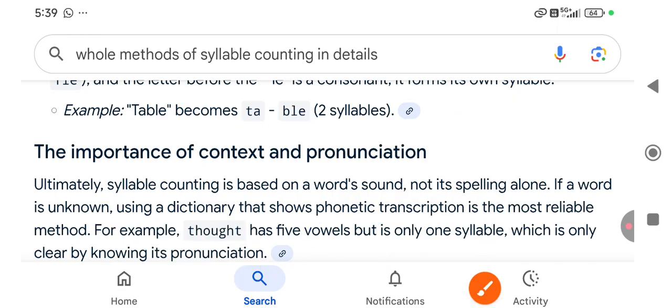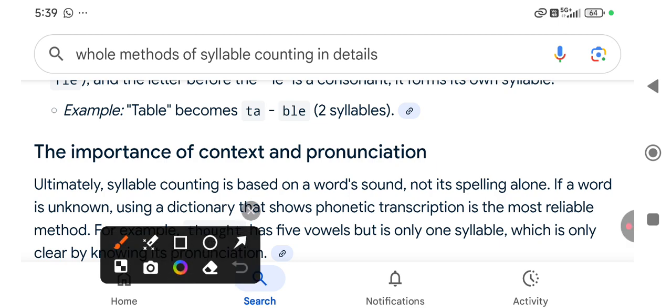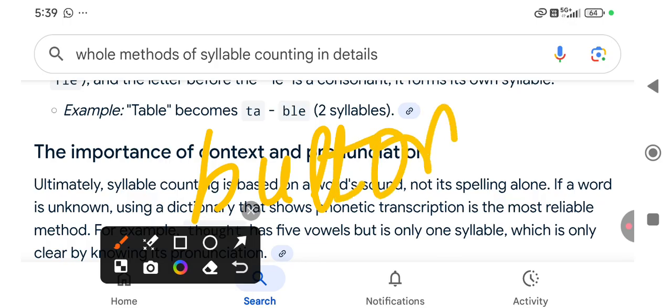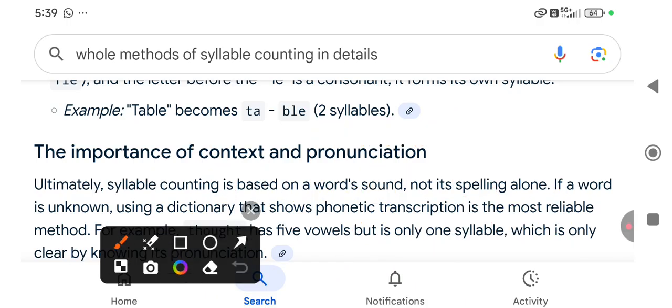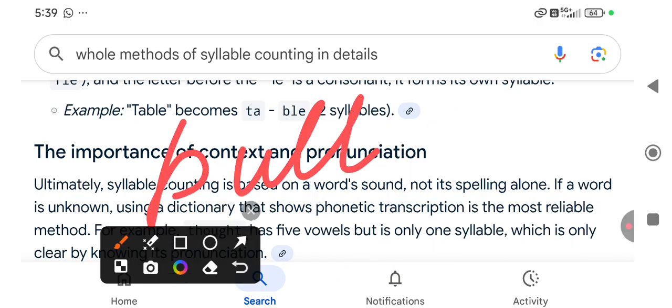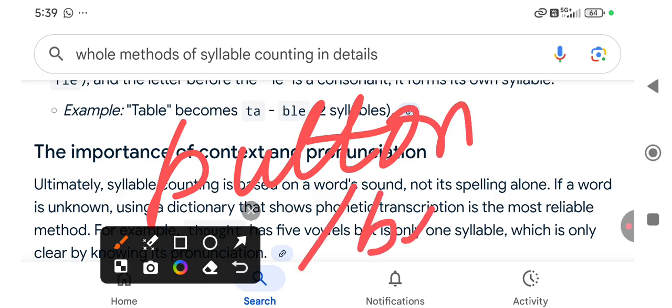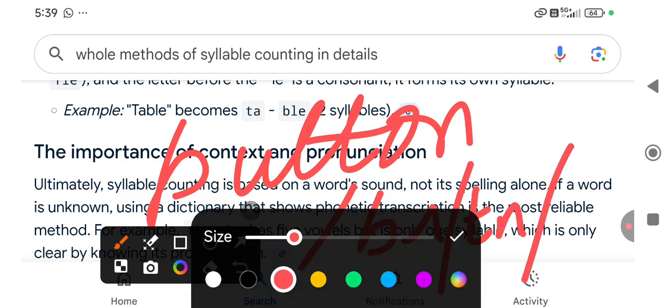Another example is button. Sorry, I'm extremely sorry, wait a minute. Button. That's also a two syllable word.